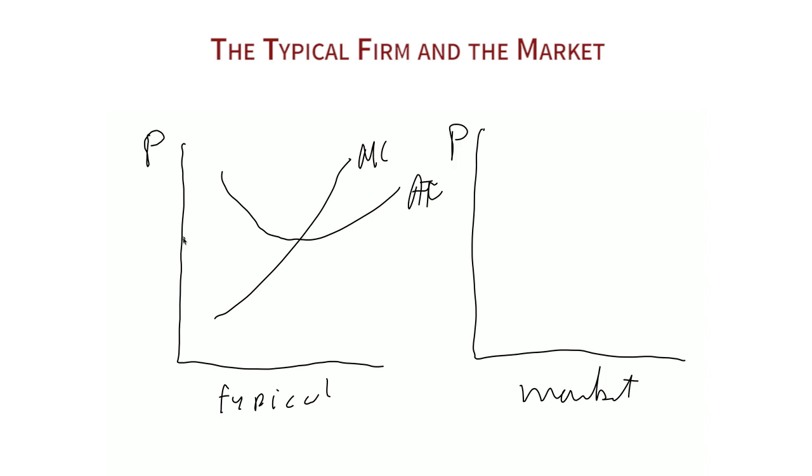So all I want to do is carefully draw the price line the firm faces so that it intersects the marginal cost curve just at the bottom point of average total cost. So that's going to be that flat line. That's the price this typical firm sees in the market, drawn at the bottom of average total cost where marginal cost intersects.